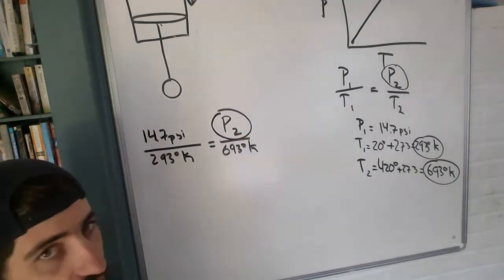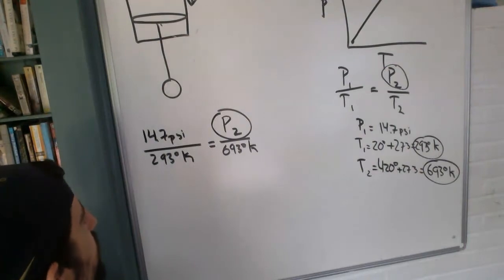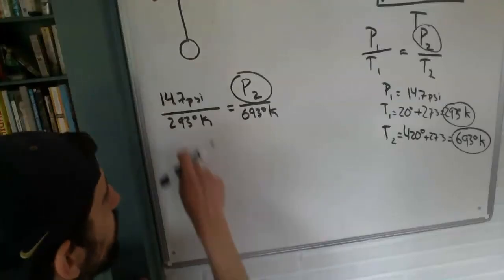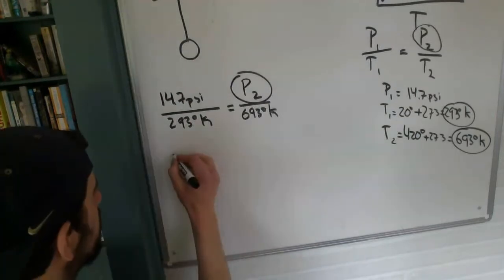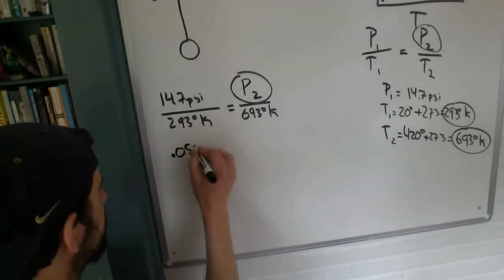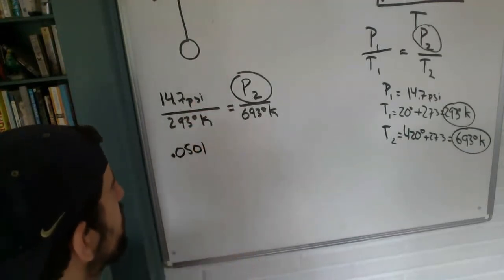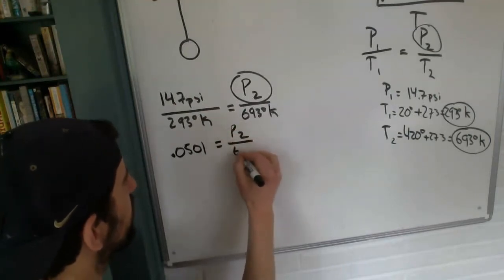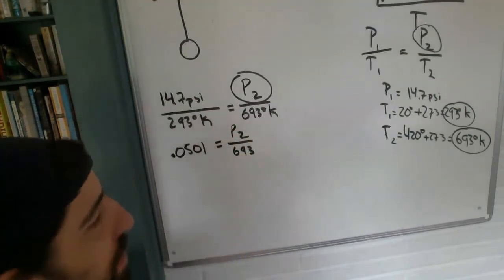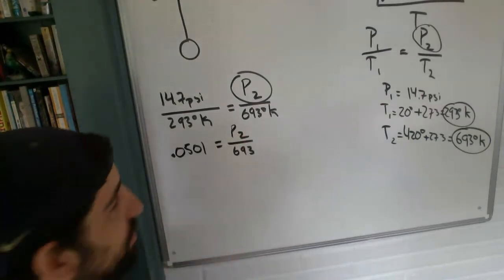There's a lot of ways you could do that. You could cross multiply and divide. What I like to do is take 14.7 and divide by 293. When I do that, I get 0.0501. So 14.7 divided by 293 is 0.0501, and that's equal to P2 over 693. If I want to solve for P2 now, I just need to multiply both sides by 693.